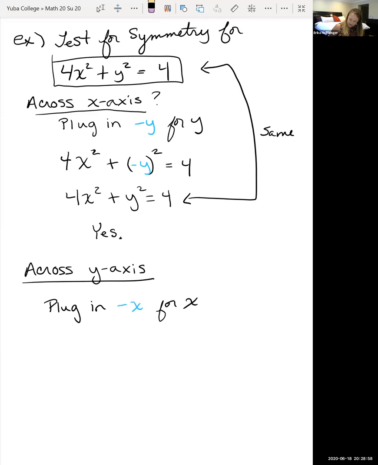So doing that, we have 4, put parentheses around the x, we're going to square it, plus y squared equals 4. So same reasoning as above, when we square a negative, that's going to become positive, and so that ends up being the same thing. So we get 4x squared plus y squared equals 4.